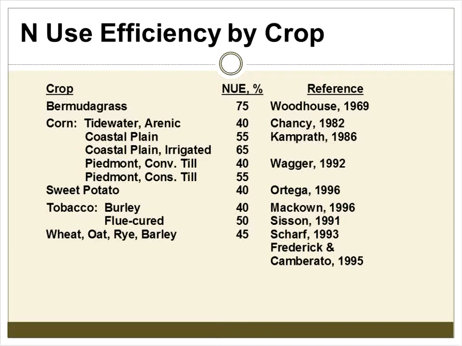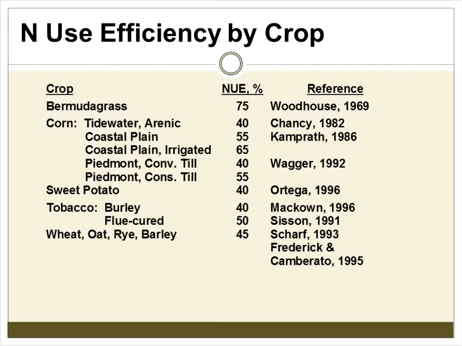One of the things that we did, because we had to for some regulatory requirements that had to do with water quality in North Carolina, is look at the nitrogen use efficiency of different crops by species. And I just throw this up to show you the difference in nitrogen use efficiency between species, and I had mentioned that previously.